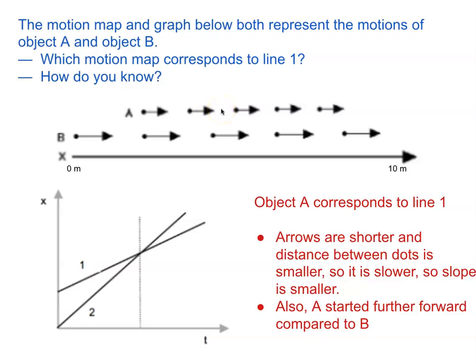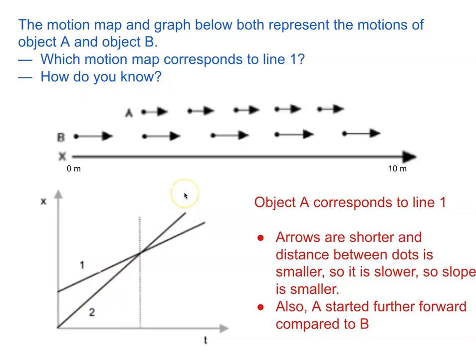And we know this because the arrows are shorter, meaning it is traveling at a slower speed. So we would expect whichever object is moving at the slowest speed to have the smallest slope. And we can see that object B has larger arrows and there's a greater distance in between each time interval or dot, so we would expect that to have a greater slope.